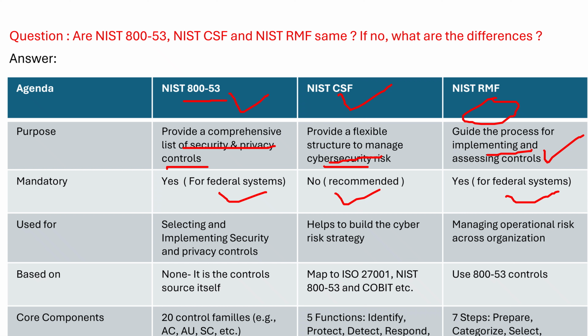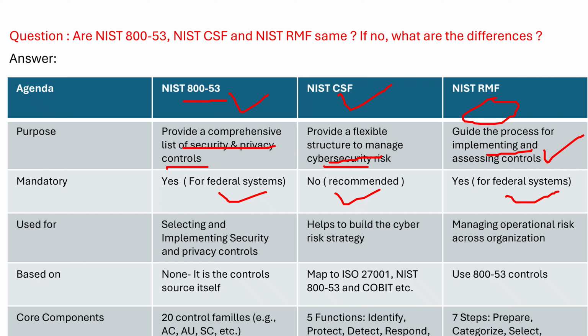What are the uses? NIST 853 is for selecting and implementing security and privacy controls. CSF is to help build the cyber risk strategy, and RMF is used for managing operational risk across the organization. 853 is a control list itself and is not based on any other sources.